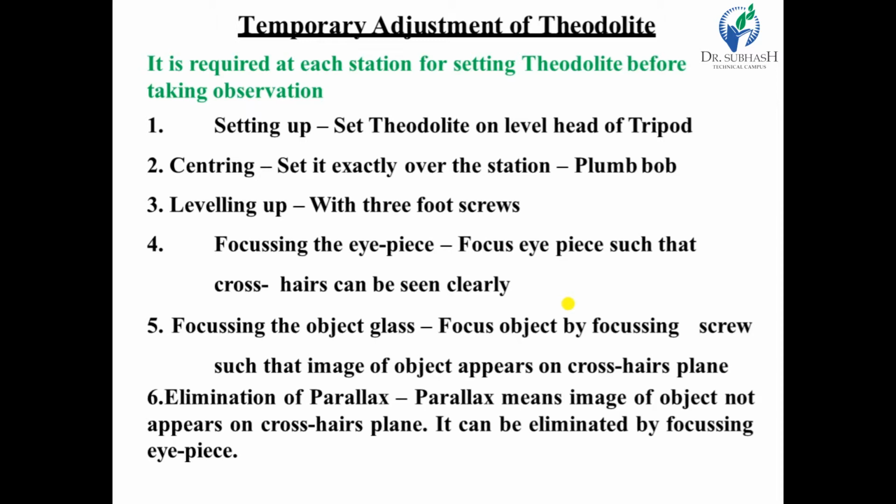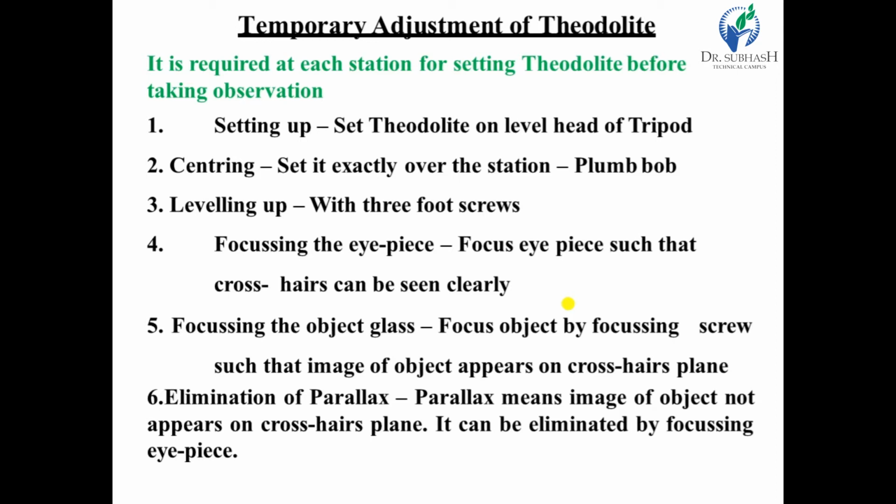For setting exactly over the station, we use the plumb bob and fix it over the station. After that, leveling. For leveling, we adjust the tripod legs, and after that we level the theodolite properly using the three foot screws.